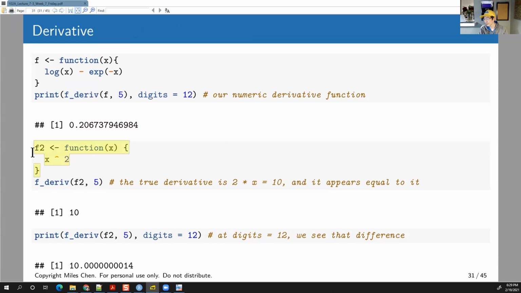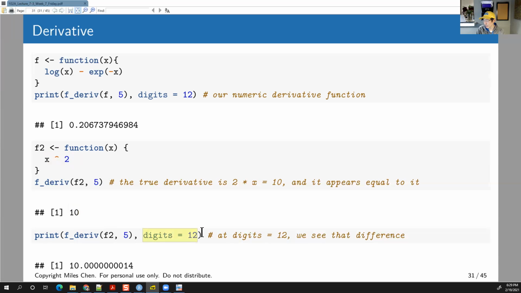Here's just a very simple function. I'm going to say f2 is the function x squared. That's about as easy as it gets. So the derivative of x squared is just 2x, right? And so we can ask, what's the derivative of x squared at 5? And it comes back and says it's 10.